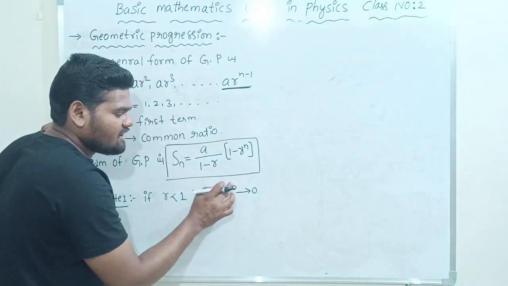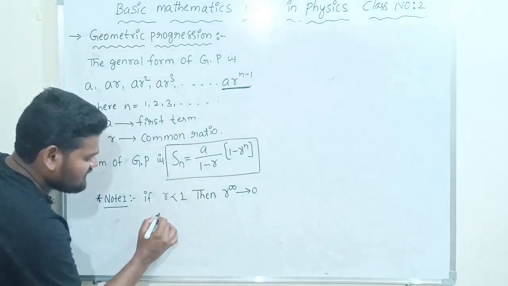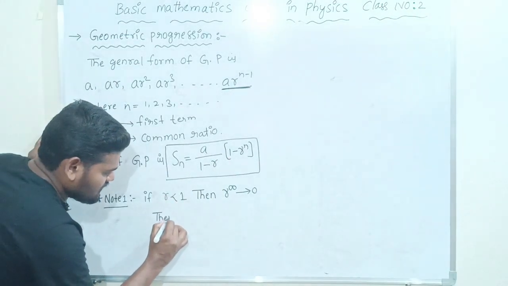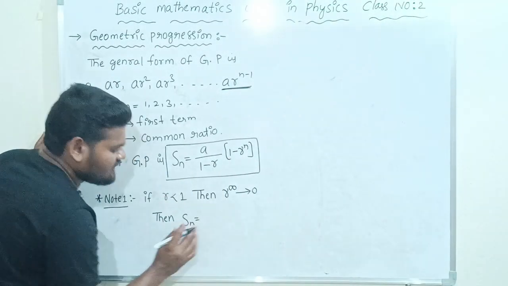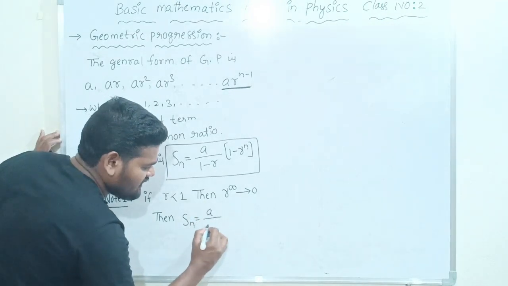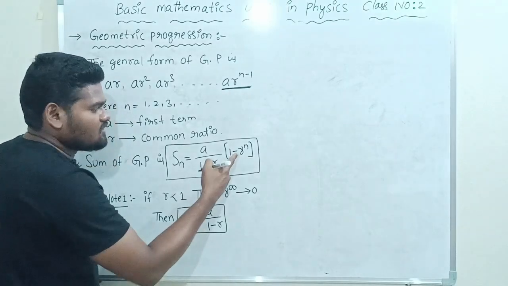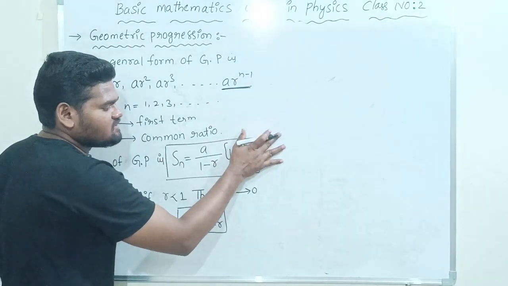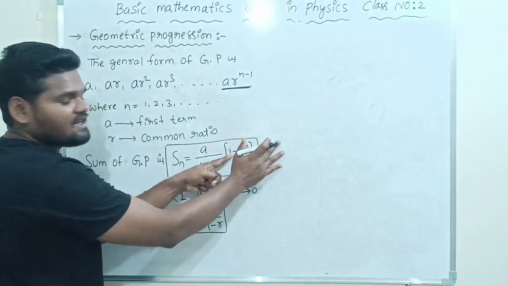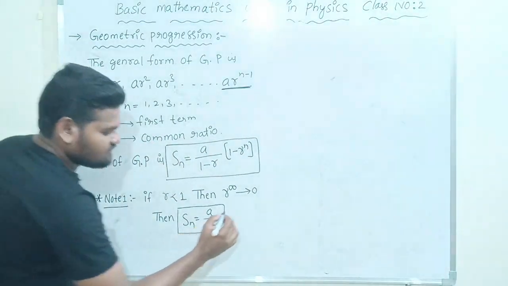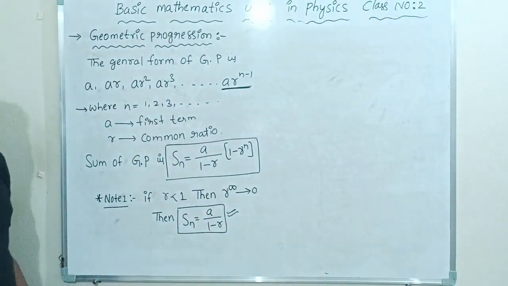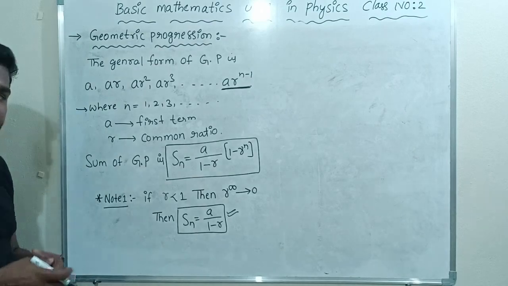So r to the power of infinity tends to 0. Then the sum becomes Sn is equal to a by 1 minus r. Is it clear? So r to the power of n tends to 0, so a by 1 minus r into 1 gives a by 1 minus r. Any doubts? Okay, very good.